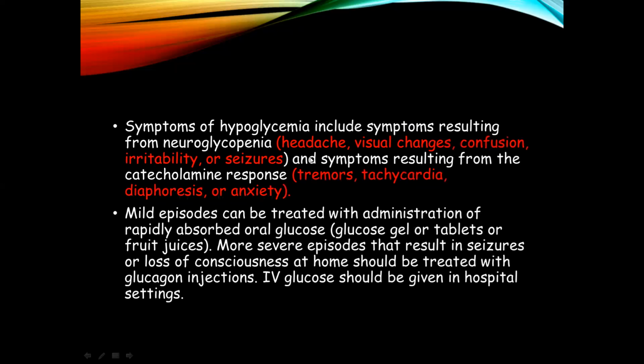And the symptoms that result from the catecholamine response present with tremors, tachycardia, diaphoresis, or anxiety. Mild episodes can be treated with administration of rapidly absorbed oral glucose gel or tablets or fruit juices. More severe episodes that result in seizures or loss of consciousness at home should be treated with glucagon injections, and IV glucose should be given in a hospital setting.